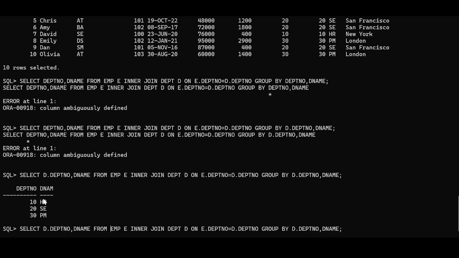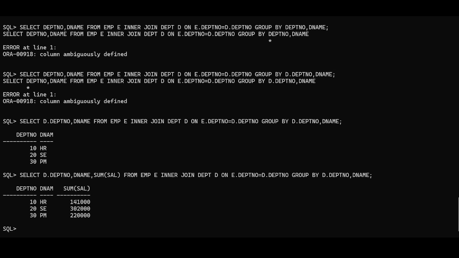The function is going to be the sum function, sum of salaries. Now we will get salaries with respect to each department number, and I have also mapped their department names. The equivalent salary will also be displayed. This is the complete query.